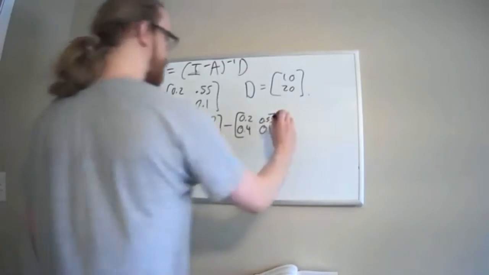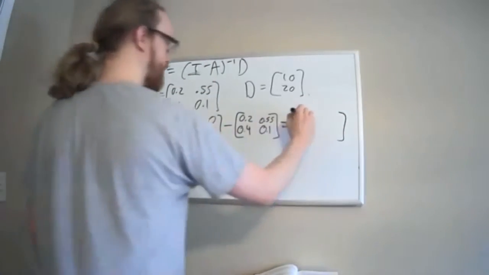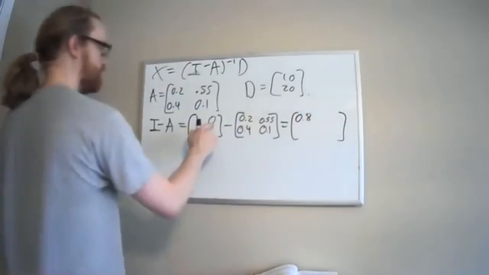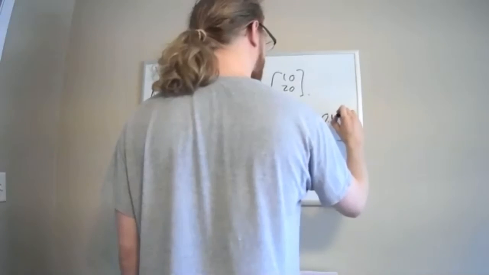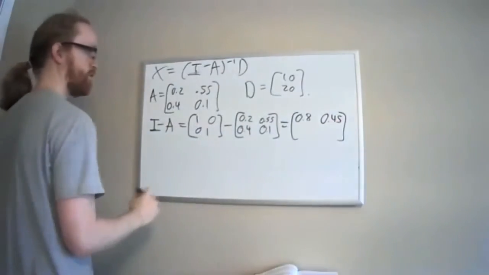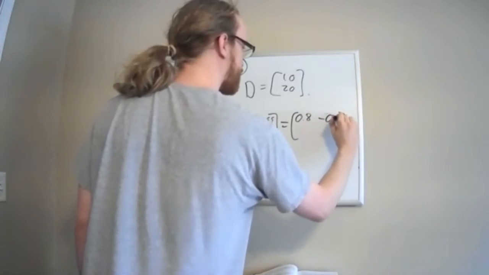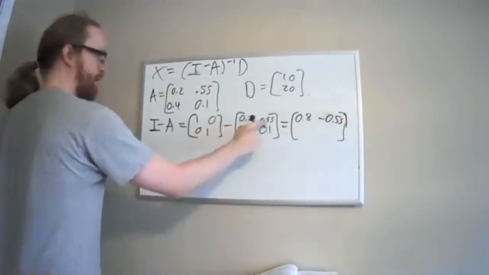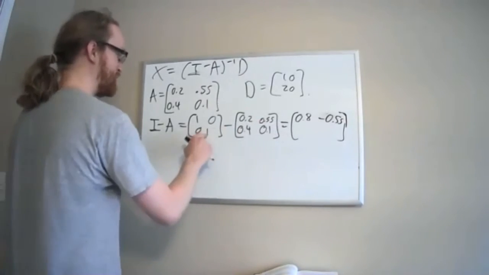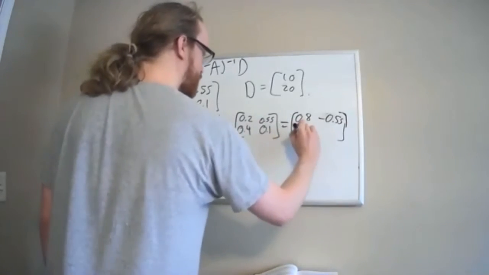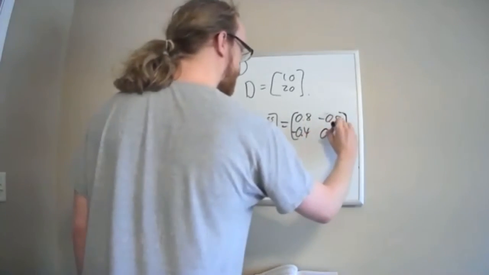And now I just simplify this subtraction. 1 minus 0.2 is 0.8. 0 minus 0.55 is, sorry, it's negative 0.55. My bad. 0 minus 0.4 is negative 0.4. And 1 minus 0.1 is 0.9.